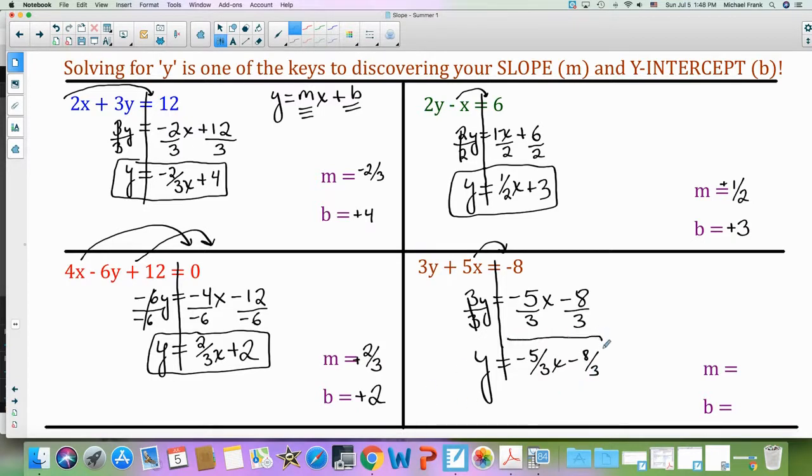And that is in slope intercept form. So we can now take out our slope, the coefficient of our x, which is going to be negative 5/3. And our y-intercept is going to be negative 8/3. And there you have it, converting lines into slope-intercept form.